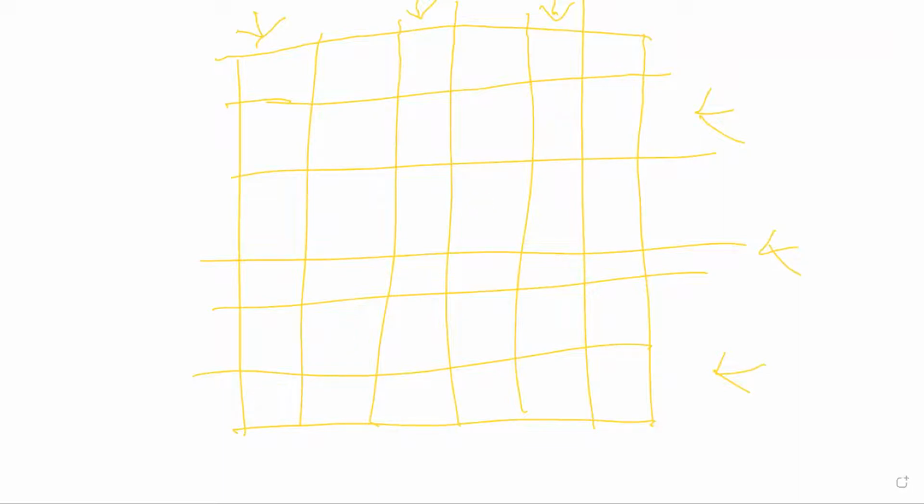So you colored each of these rows and columns and left the squares on the diagonal, right?